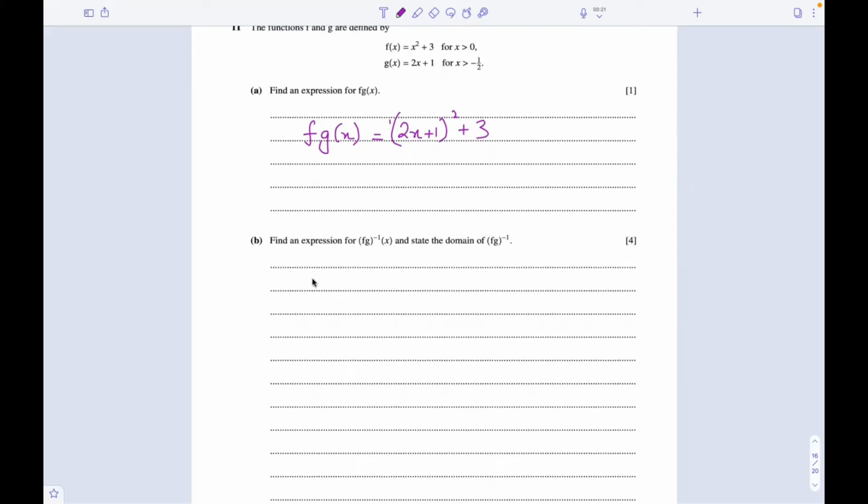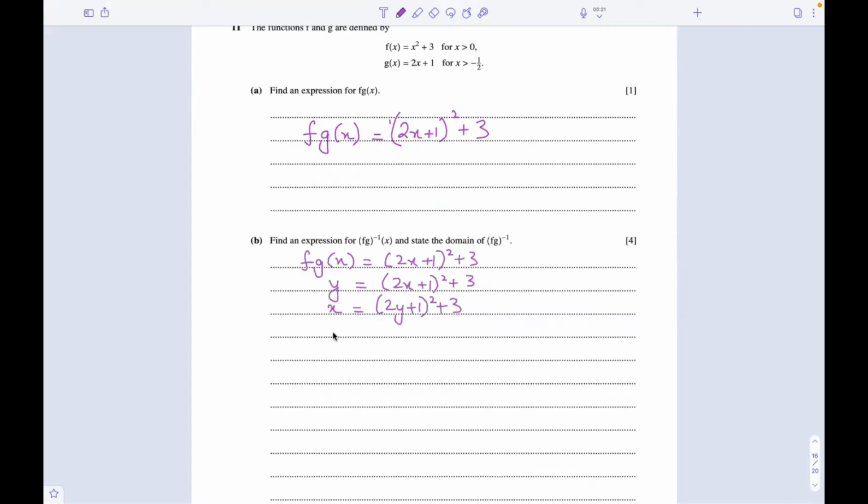So the first step we'll do is, we know that fg of x is (2x + 1) whole squared plus 3. So we replace the fg of x with the y. And now to find the inverse, the first step, it is always better to replace the y with an x and the x with a y, and then make y your subject.